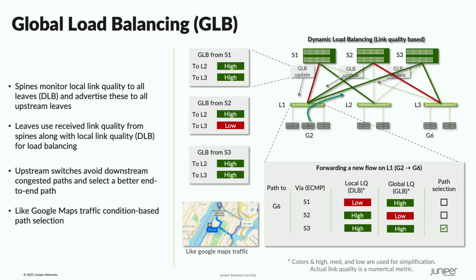Now it is armed with the information that spine 2 told it, hey, one of my links is congested. So leaf 1 says, okay, I'm not going to send traffic that way, because I have a clean path all through via spine 3. So let me load balance this new flow onto that path.